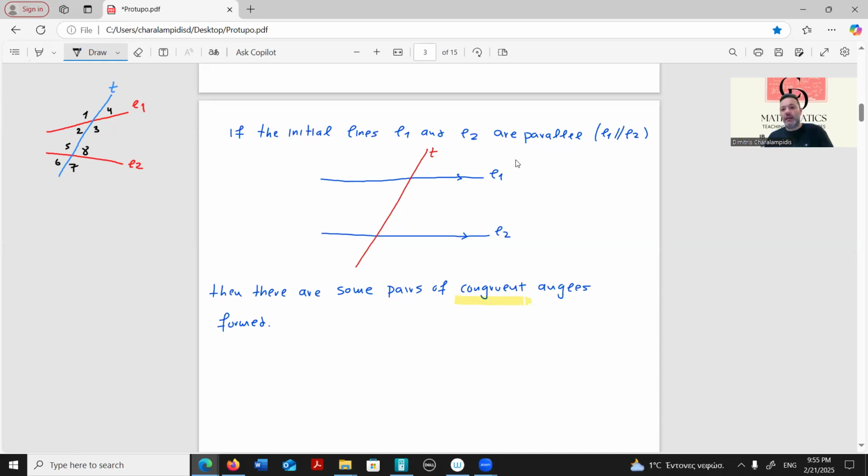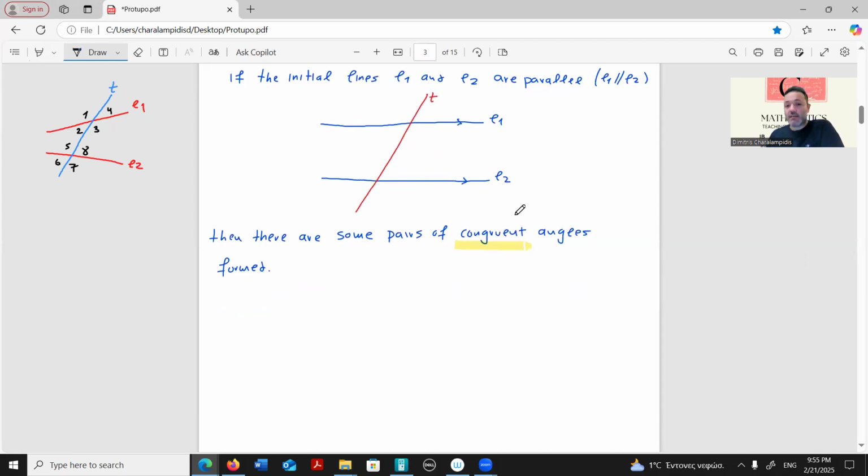So basically, in the easiest possible way, we use this word to state that they are equal to each other, but it is a more sophisticated way we use in geometry. Now, there are some pairs of congruent angles formed.